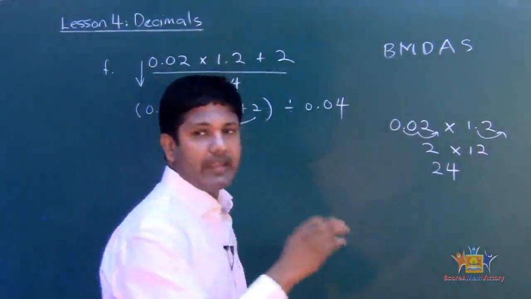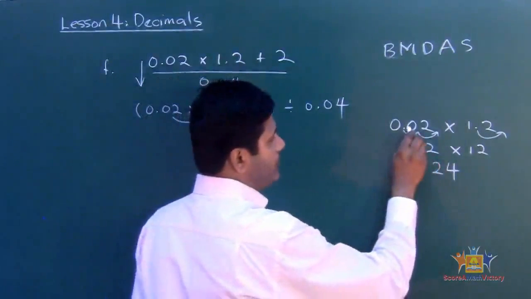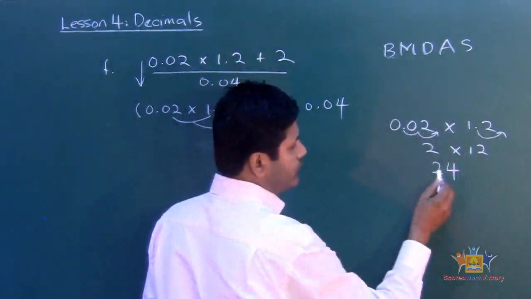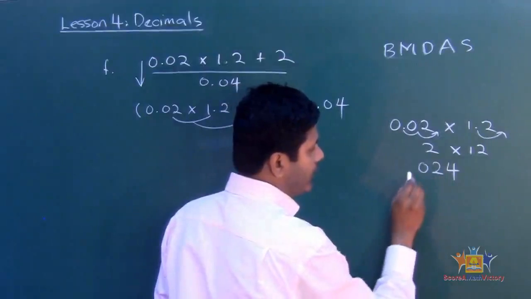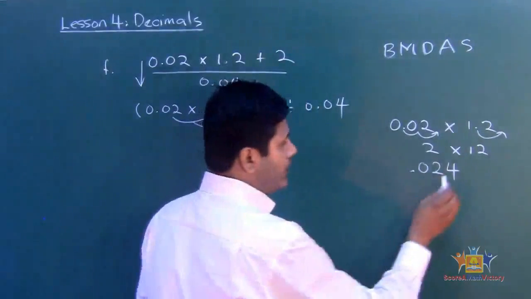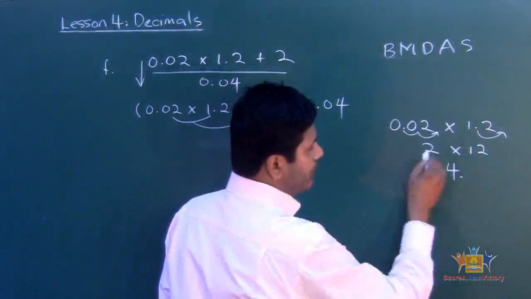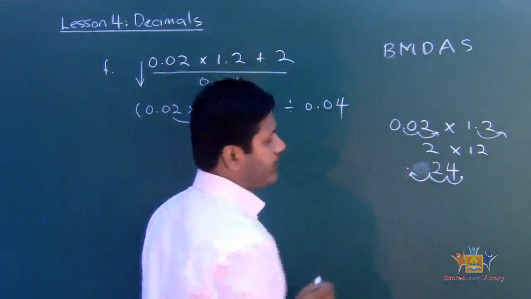But remember, forget now, remember later. That means we're going to bring the decimal back. So we're going to find out how many digits there are behind the decimal. 1, 2, 3. There are only 2 digits, but it doesn't matter. You add another 0 in front of that and then put the decimal. Or another way of doing it is, see the decimal's right there, you bring it back 3 times. 1, 2, 3, and then put the decimal right there.